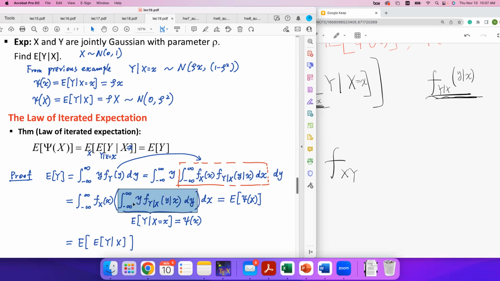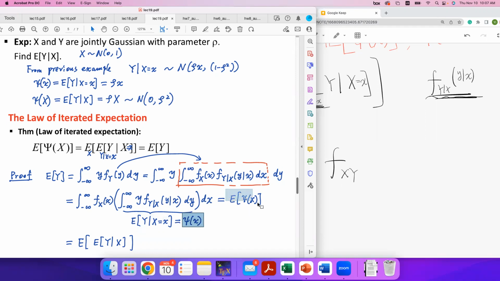And this, if you look at the definition, is exactly the conditional expectation. So this is basically phi(x). Well, this is a small x because we are conditioning on this realization of the random variable. So it's the integration of phi(x) f_x dx. Right?